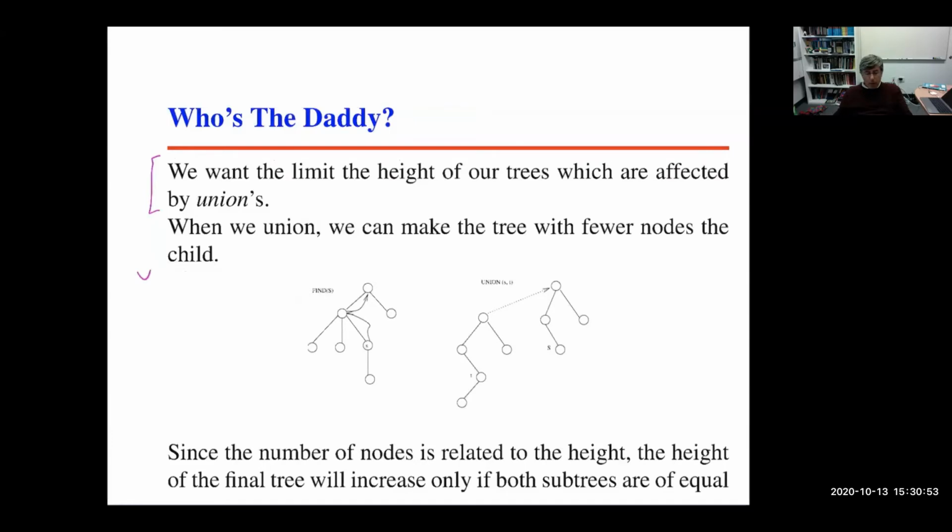What if I always say the tree with the fewer number of nodes will be the child?